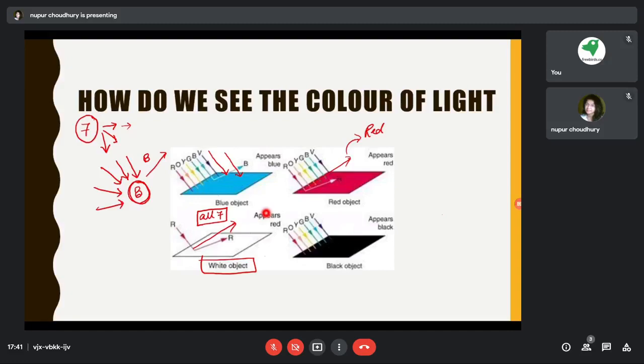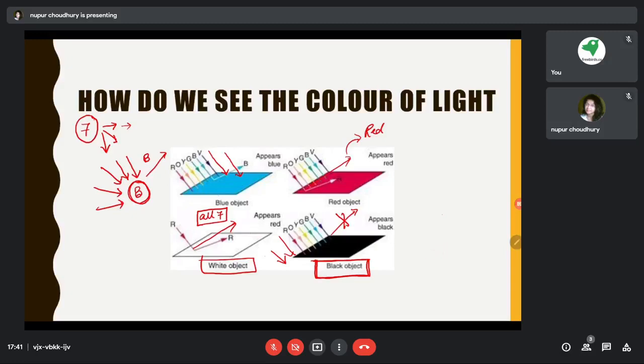Simultaneously, if we talk about the black object, many objects around us are black in color. Why does a black object appear to be black? This happens because from a black object, no colors are reflected, and all the colors are simply absorbed in this surface.